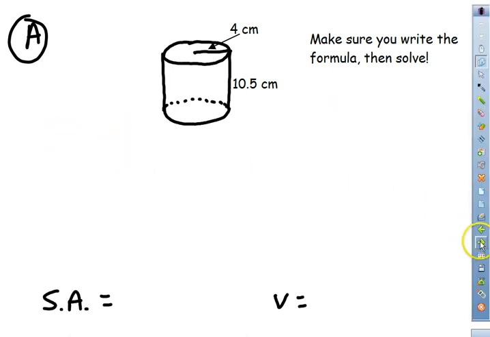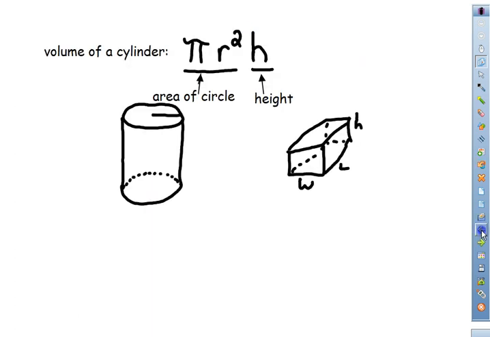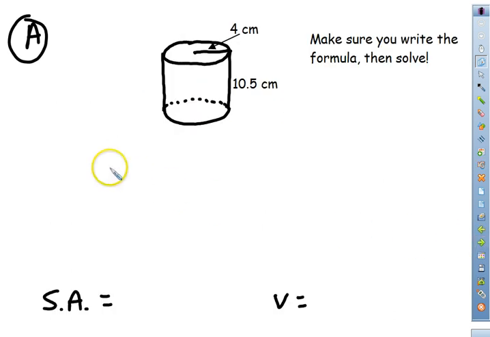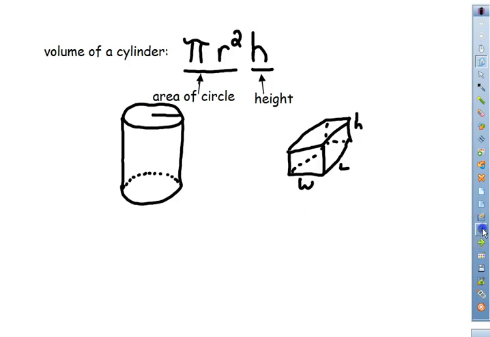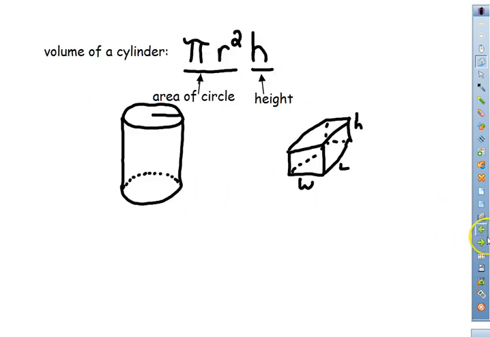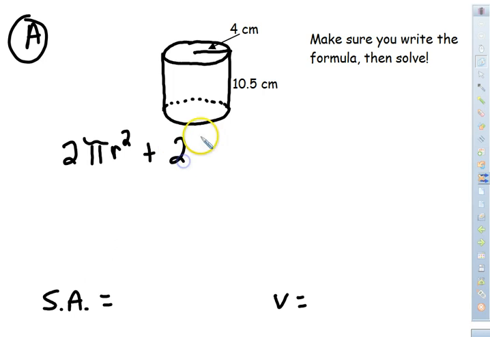So for my surface area, you're going to use the 2 pi r squared, so you're going to want to write that down. 2 pi r squared plus your 2 pi r h. That is my surface area.